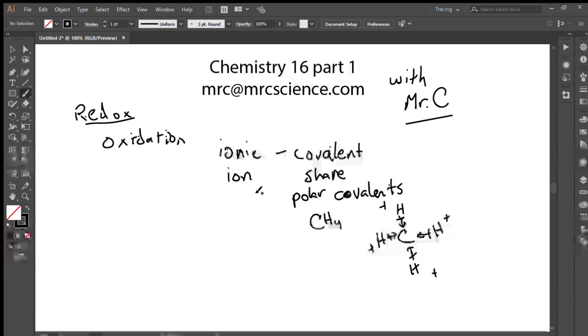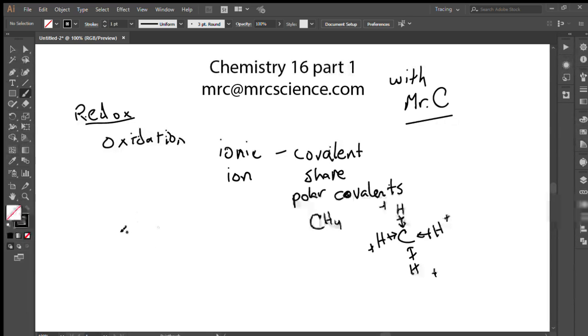So we're going to work with something called an oxidation number then. In your book, it says an oxidation number is the charge that an atom in a molecule would develop if the most electronegative atoms in the molecule took shared electrons from the less electronegative atoms. That's a mouthful. Basically, we're going to treat covalent molecules as if they were ionic.